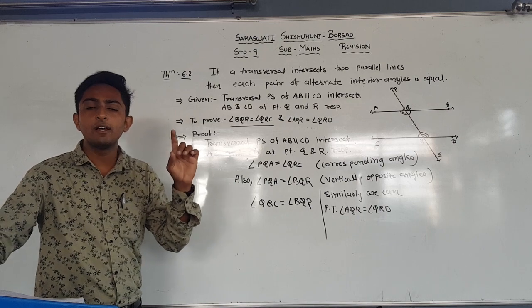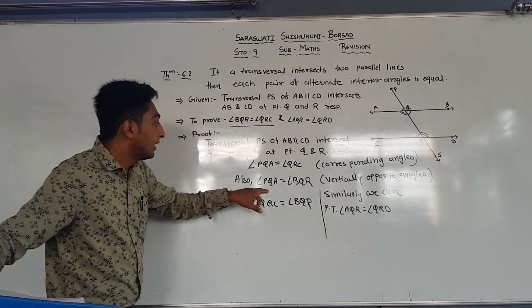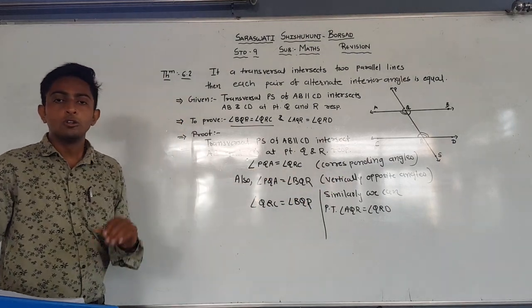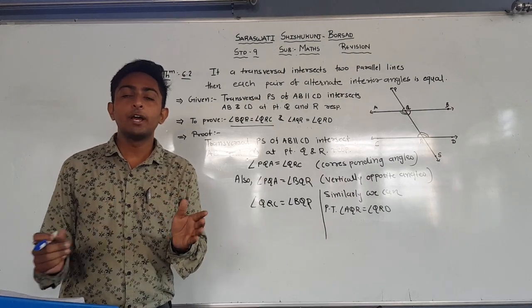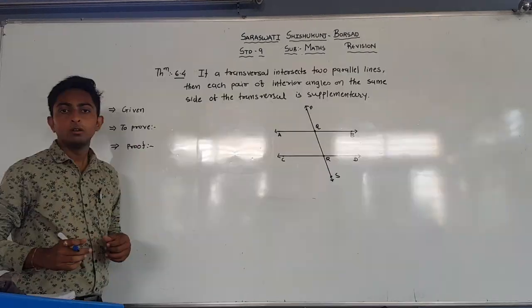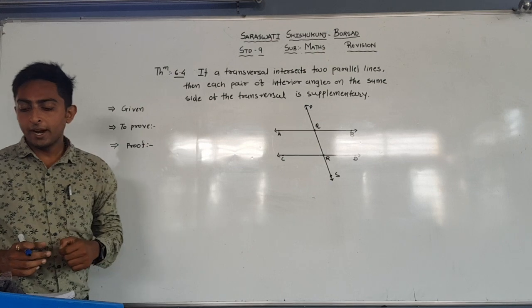Once again I repeat. Friends, I am using theorem number 6.1, that vertically opposite angles are equal, in theorem number 6.2. So this is theorem number 6.3. Now we are going to move further. Let us see another theorem. The next theorem is theorem number 6.4.